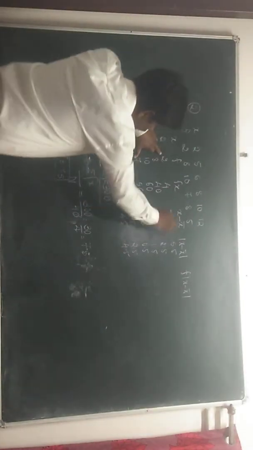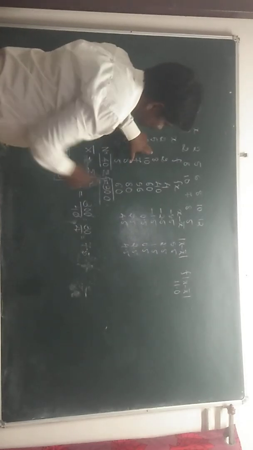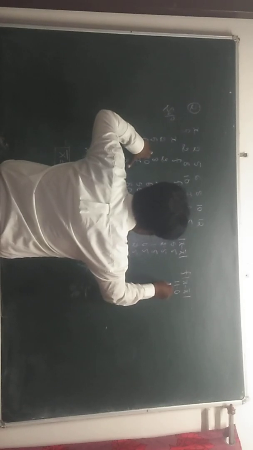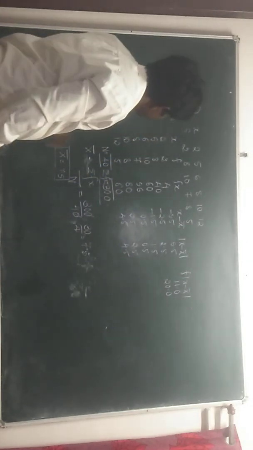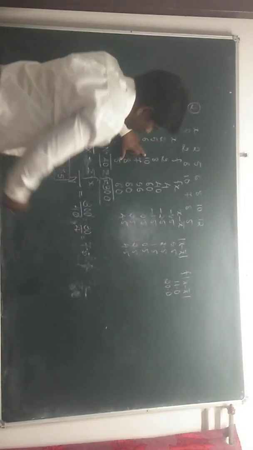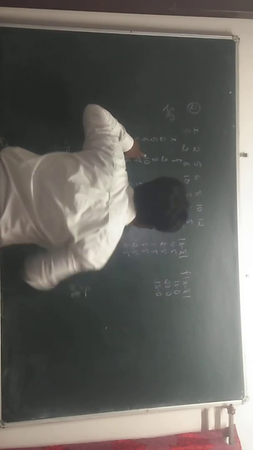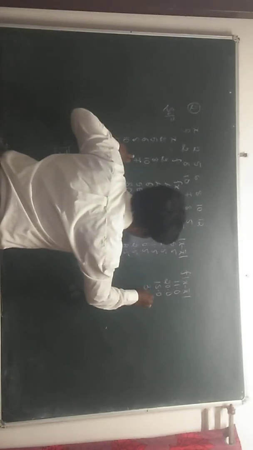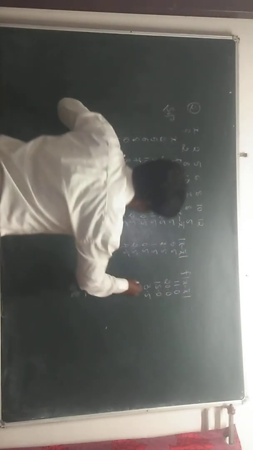Okay. 2 into 5.5, how much will we get? So it is 11.0. 8 into 2.5, is it 16? Okay, 20 I think. 10 into 1.5, so it is 15. 7 into 0.5, so it is 3.5. 8 into 2.5, so it is 20.